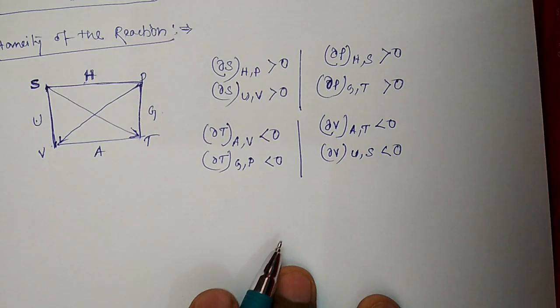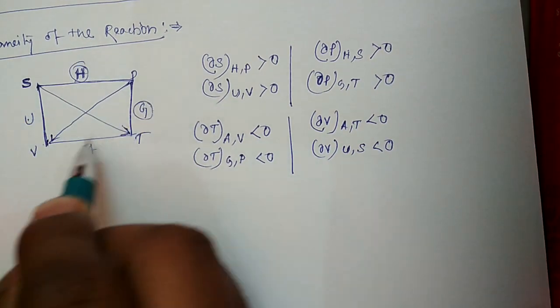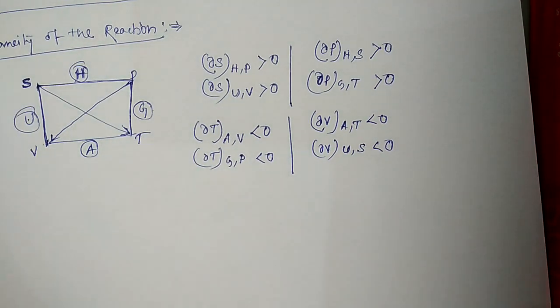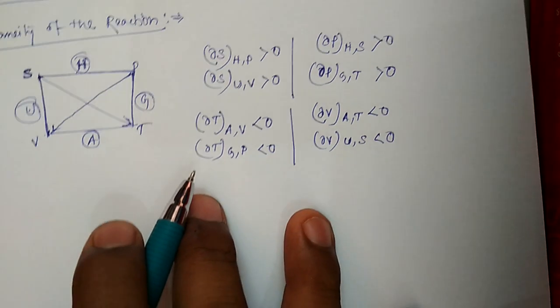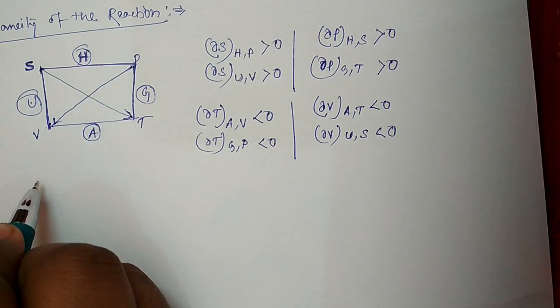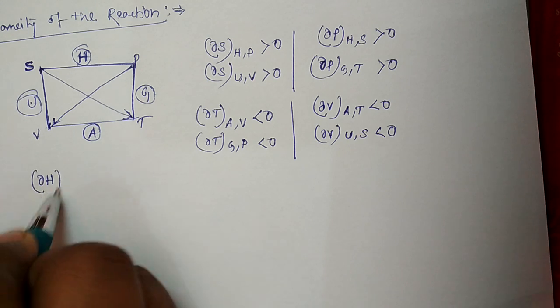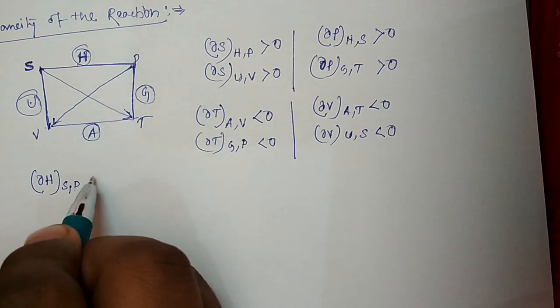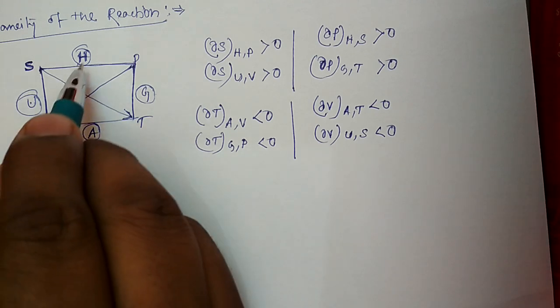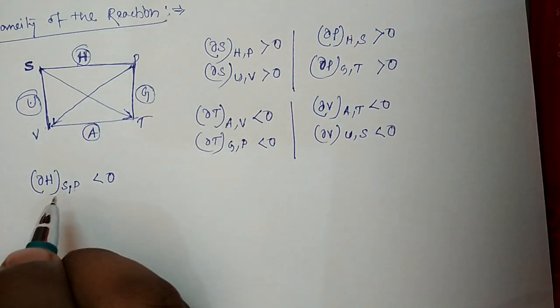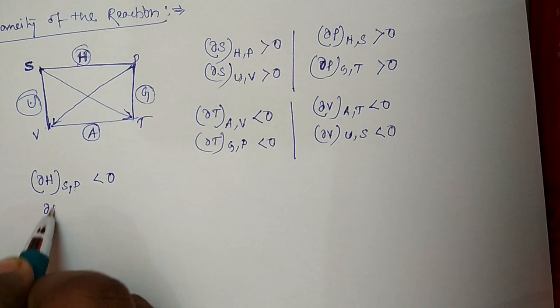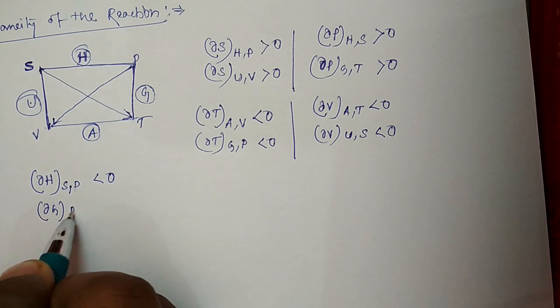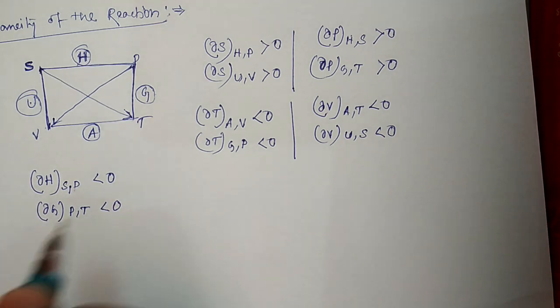And again for the middle one, that is H, G, A and U, what is the case for this? For that case, del H at constant S and P, that is S and P are nearby, is always negative. For all four cases it is always negative. Del G at constant P and T is also negative.